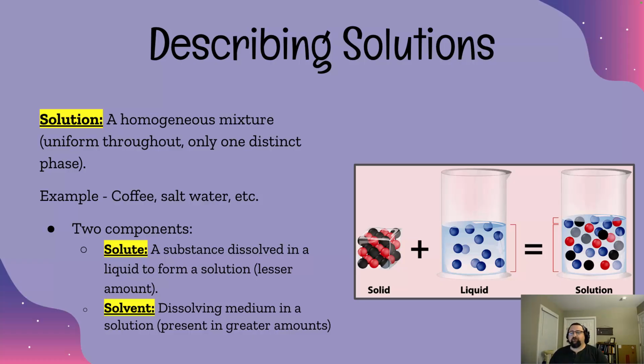The solute is whatever we're putting in, and the solvent is what we're putting it into. And the solvent is going to be the thing that really determines how this works, as it's the properties of the solvent that allow a solution to form.